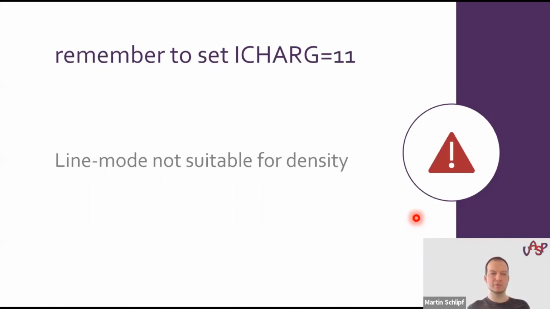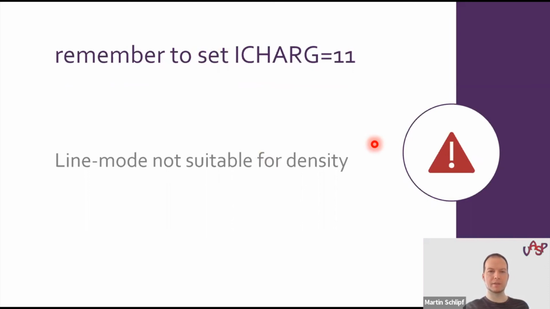If you would use this K-point mesh in a self-consistent run, your density would look drastically different from a ground state density. That would have completely different physical properties, and you would get a wrong band structure out of it. So always remember to set ICHARG = 11 in the INCAR file. Then it will take the density from a previous self-consistent run that you optimized with a regular K-point mesh, and then you get a proper converged band structure.